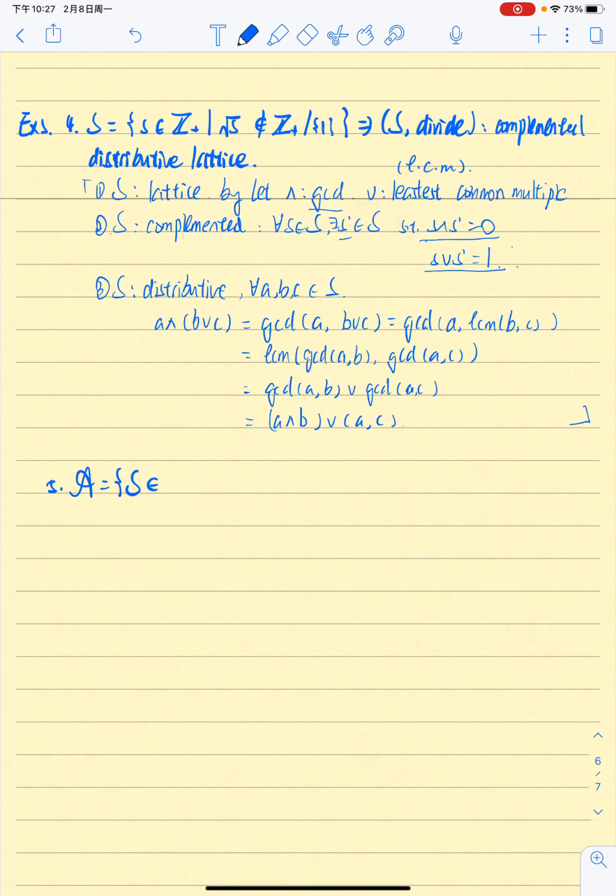S is a subset of the positive integer set, and S is finite, and there exists some S prime, finite, which is a complement of S, such that S prime is also in the collection.